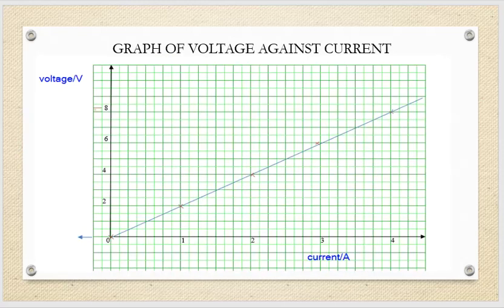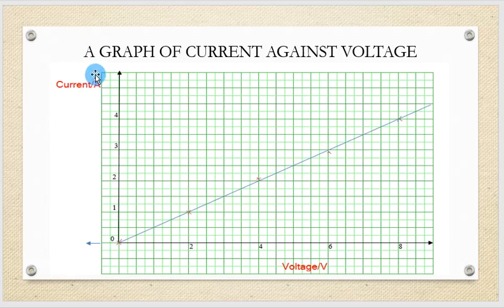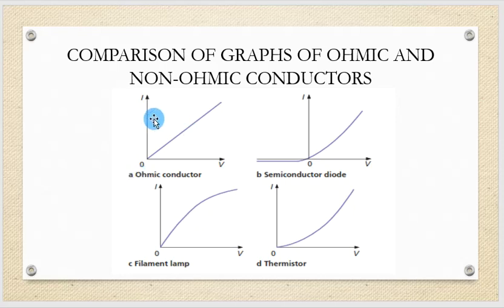This is a current against voltage graph for an ohmic conductor. Even here it's the same, it's just simplified, it's just a sketch. So this is a graph of an ohmic conductor.